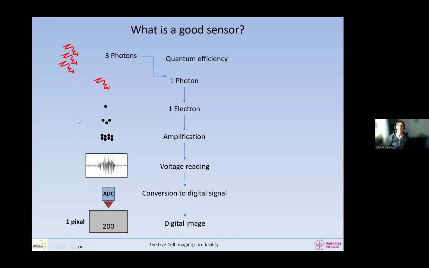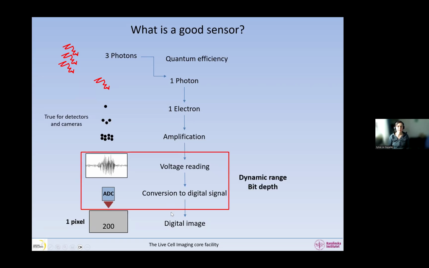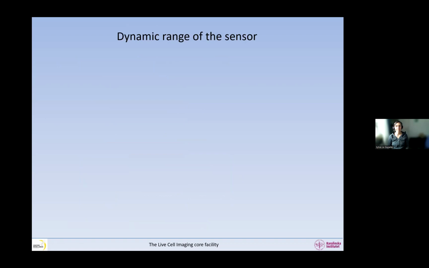So what is this? If we go back to what a good sensor is that we have seen before, we have a number of steps from the incoming photons all the way to getting a final image. We have some detection of the photons, amplification, and then conversion to a digital signal. And the bit depth and the dynamic range concern this last step of reading the voltage and converting the signal to a digital signal.